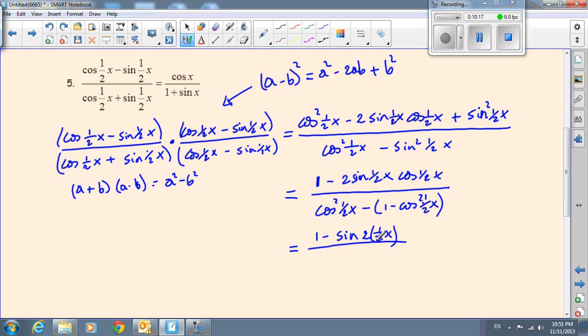And on the bottom, I will have 2 times cosine squared of 1/2 x minus 1. Well, this is equal to 1 minus sine of x over 2 cosine squared of 1/2 x minus 1. This is actually cosine of x.